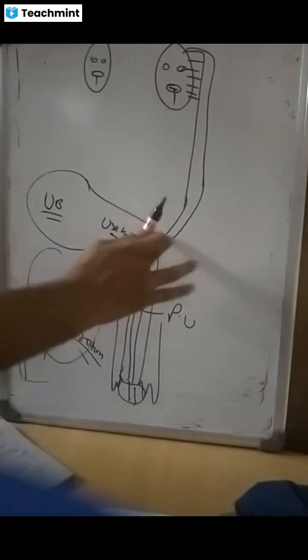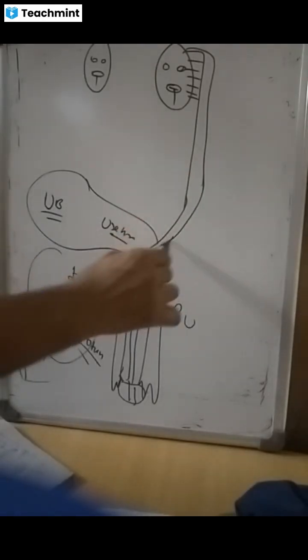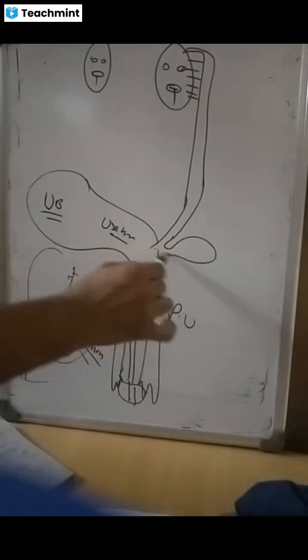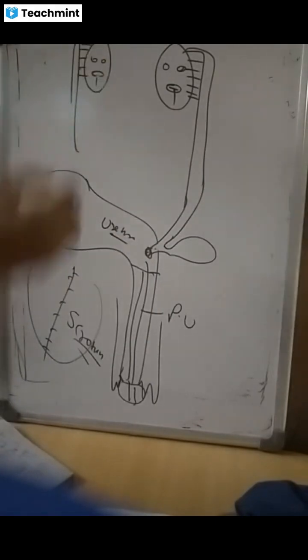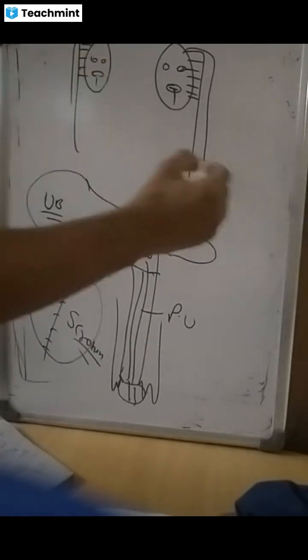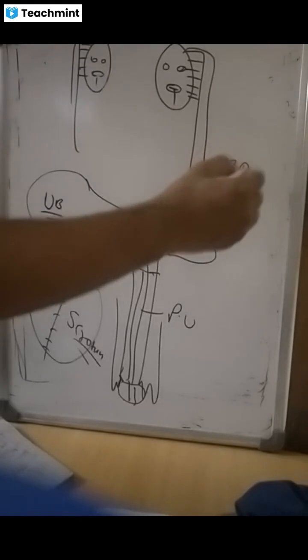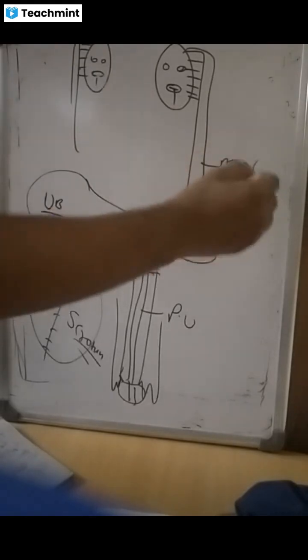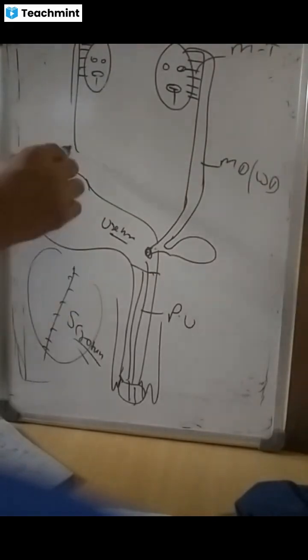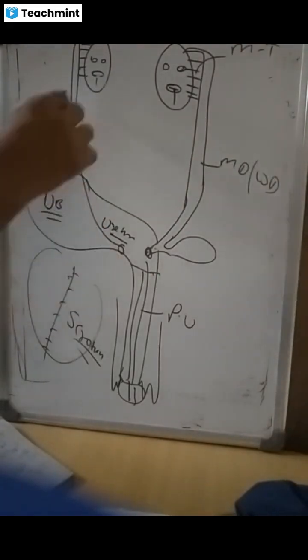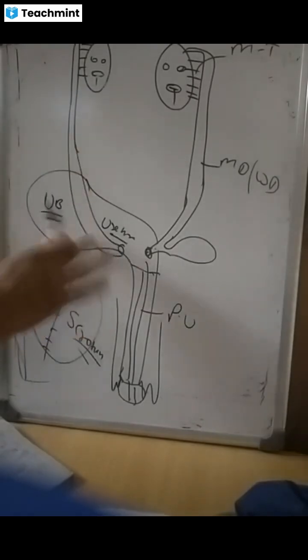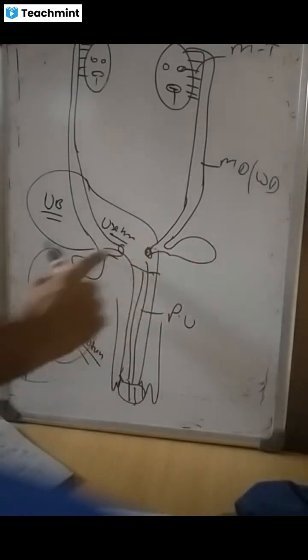Before entering, similarly here also they combine. This is the mesonephric duct, these are the mesonephric tubules. It will also come to the urogenital sinus, but before that it will evaginate and form this structure.